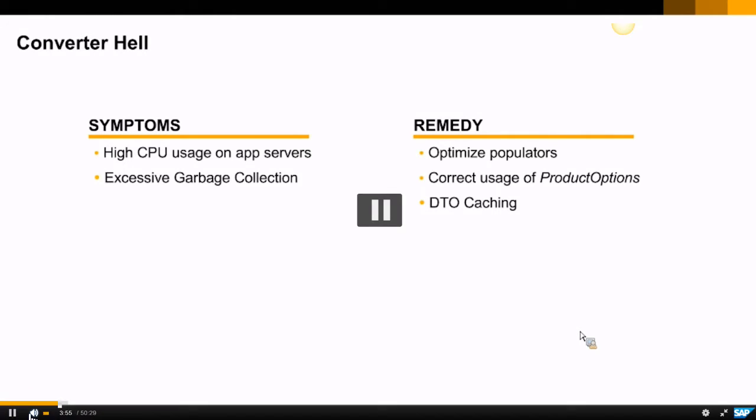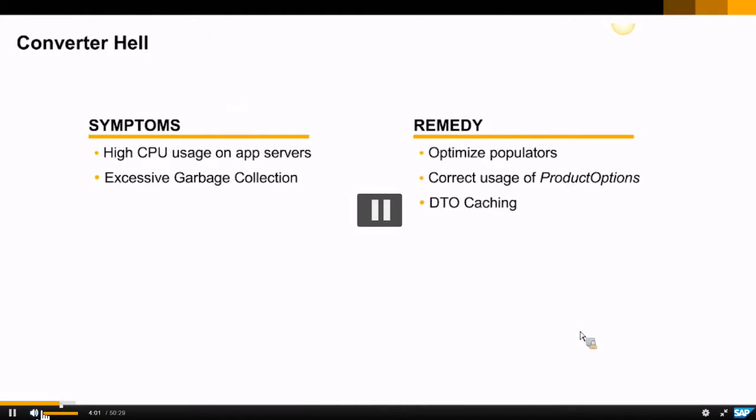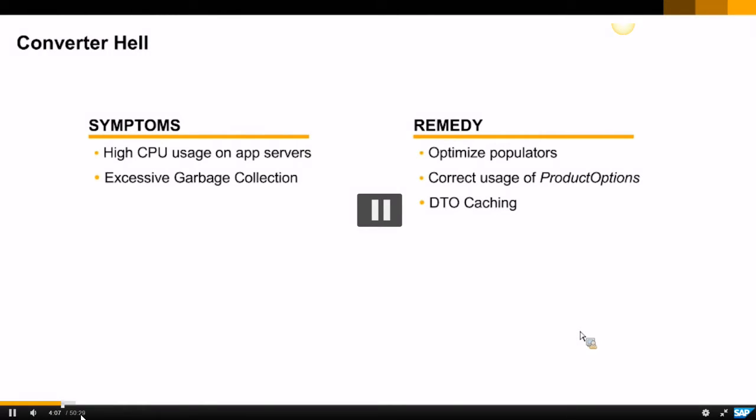A typical mistake is incorrect usage of product options. So the converter for product options gives a choice of the populators that should be executed for a specific call.